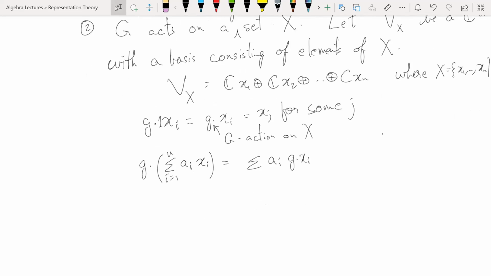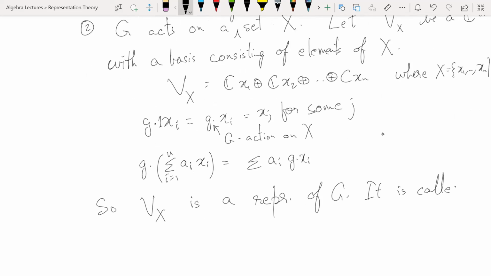So Vx is a representation of G. Since it comes from this permutation, it is called a permutation representation. It's clear why.